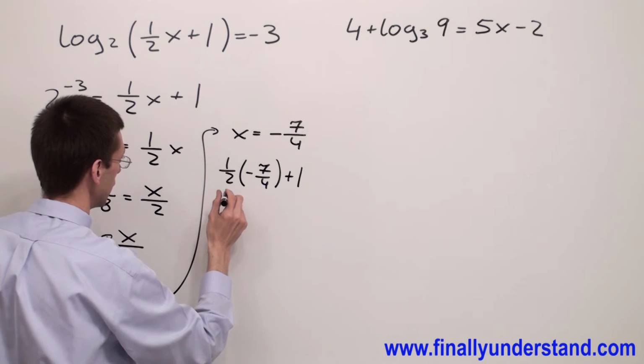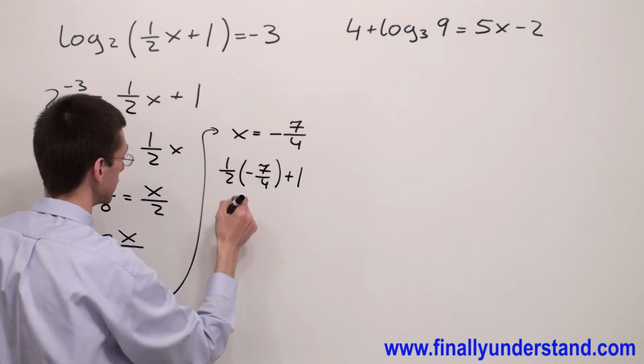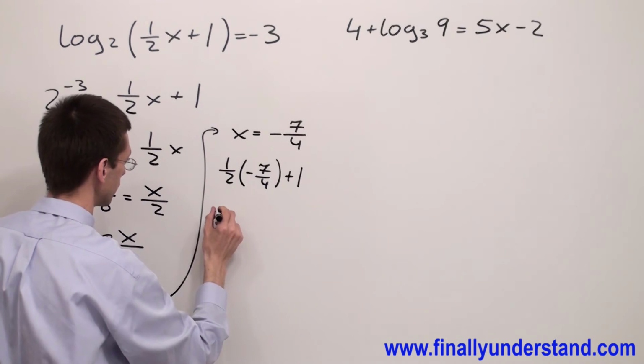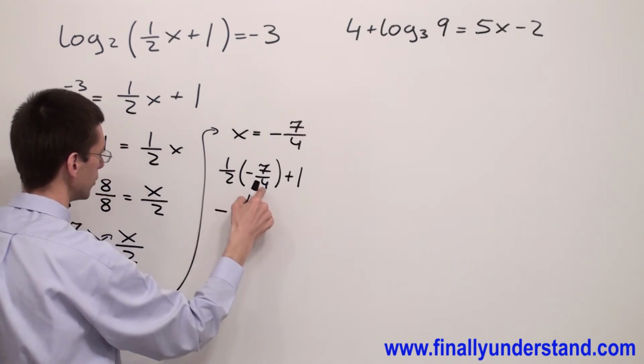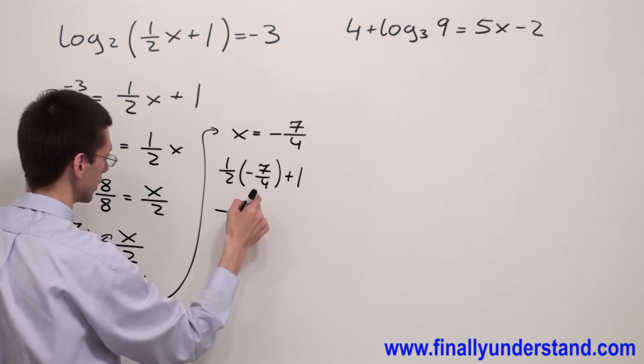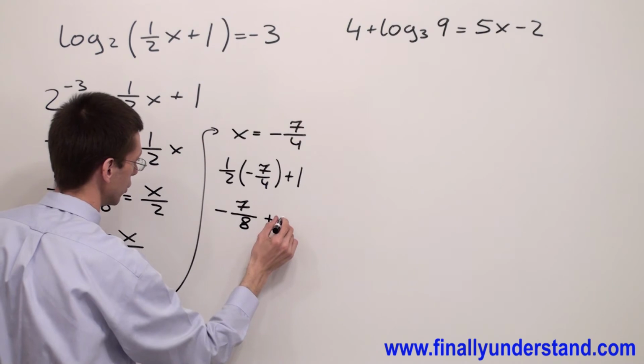So I have 1 times negative 7 gives me negative 7 over 2 times 4 gives me 8, plus 1.